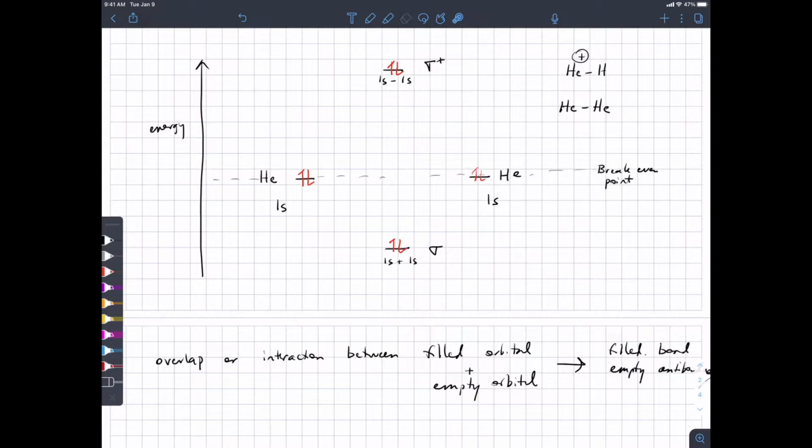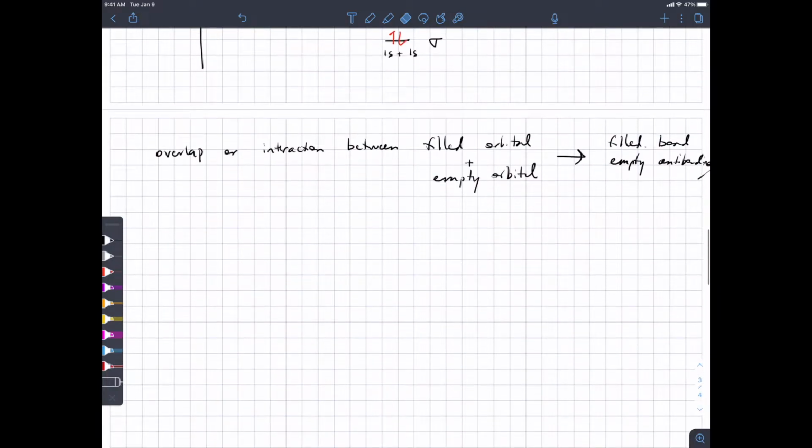And that molecule is not stable. It flies apart. What we've just demonstrated there is a concept called closed shell repulsion, that if you have overlap or interaction between two filled orbitals, it's very destabilizing.